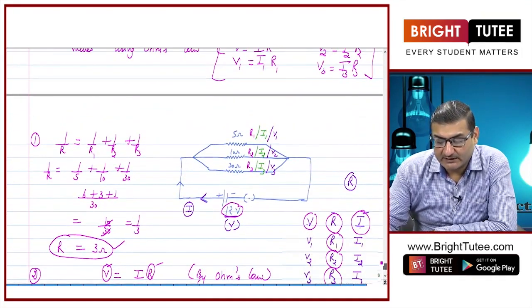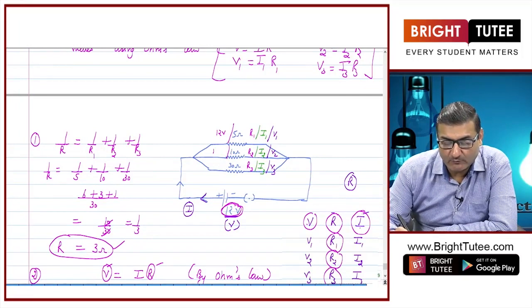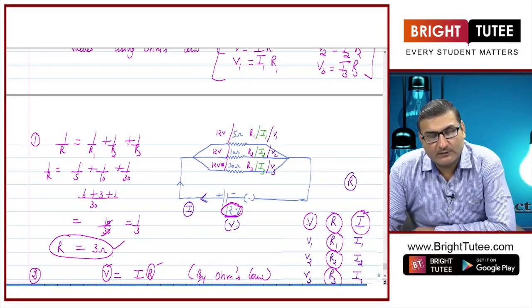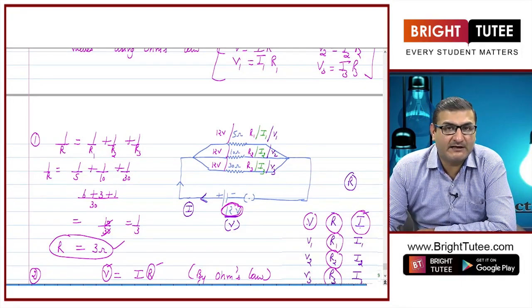So, if the total V is 12 volts, then V1 in the 5 ohm resistance will be 12 volts, in 10 ohm also 12 volts, and in this also 12 volts, because V1, V2, V3 are the same in parallel.